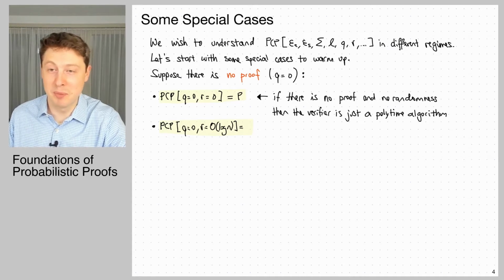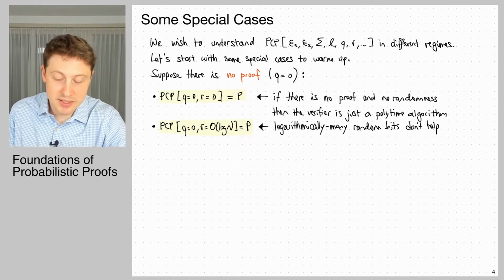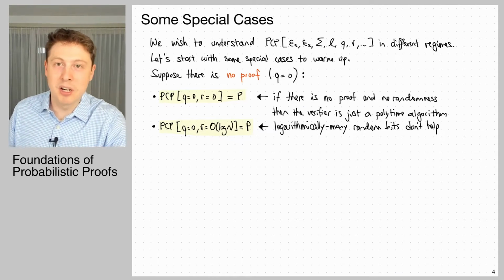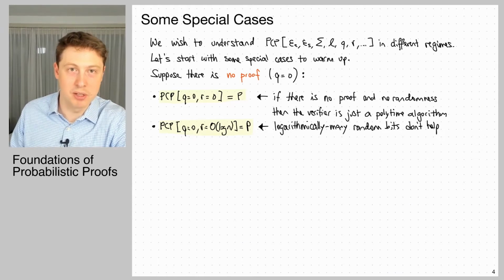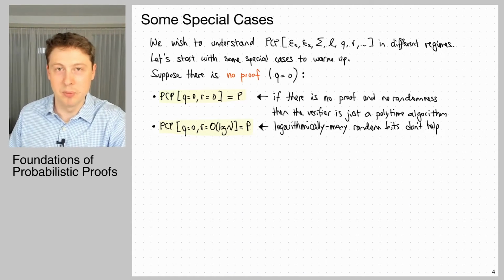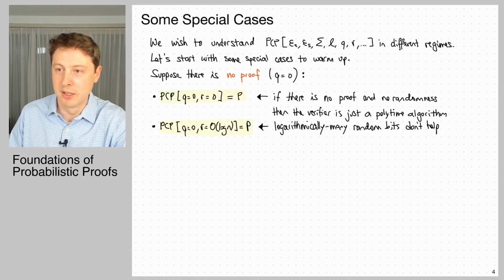What's inside BPP? So okay, let me give the answer: it is again P. This is just a simple point. Logarithmic amount of randomness doesn't help anybody. You can just go through it yourself and see what you would have done in each of these cases.